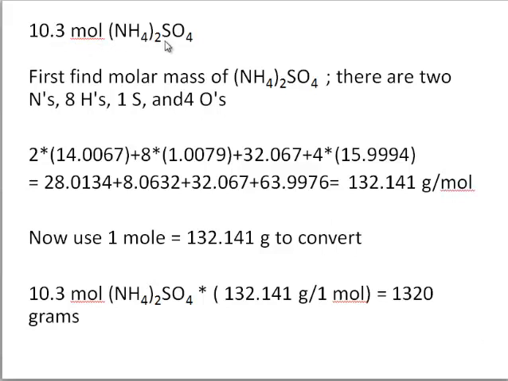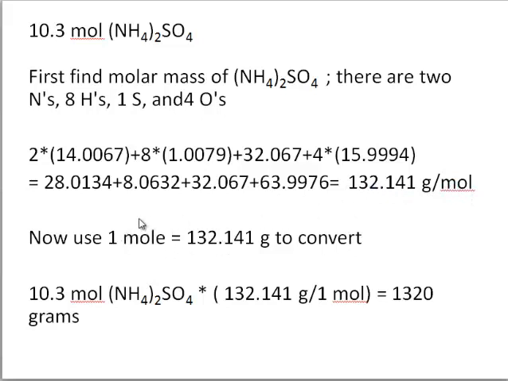10.3 moles of ammonium sulfate is fairly straightforward. Find the molar mass of 2 nitrogens, 8 hydrogens, 1 sulfur, and 4 oxygens. Add those together. Record the answer to the hundredth place.